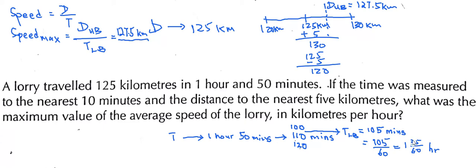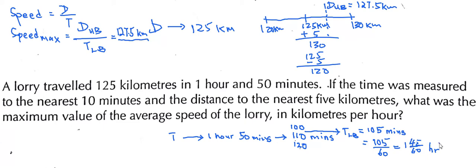This should be 45. So 105 minutes, if you divide by 60, you take 60 out from here, you still have 45. That 60 minutes that you take out from 105 actually becomes 1 hour. But then the remaining 45 minutes, if I divide by 60, this will give me the answer in hour.